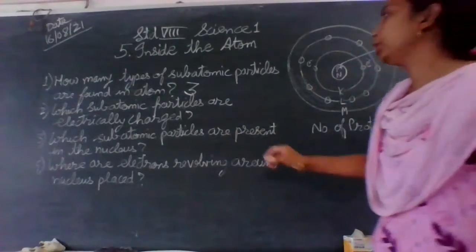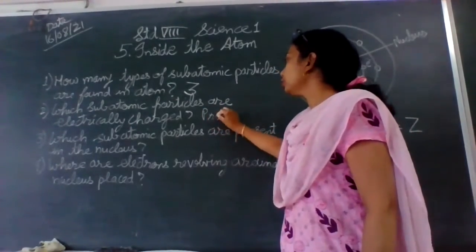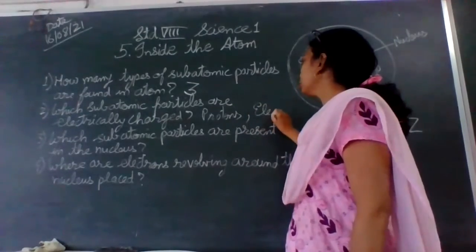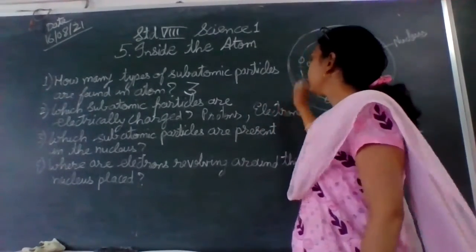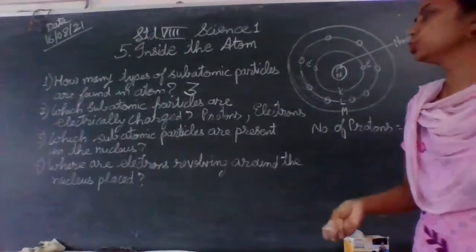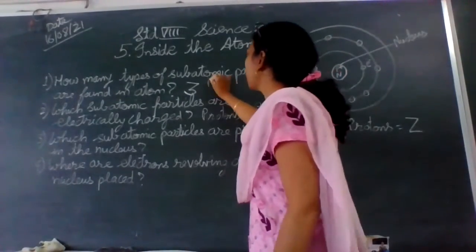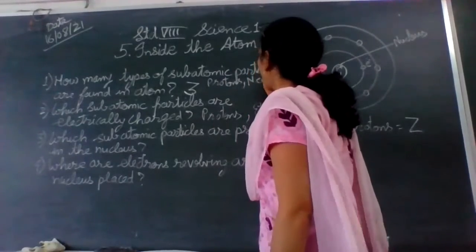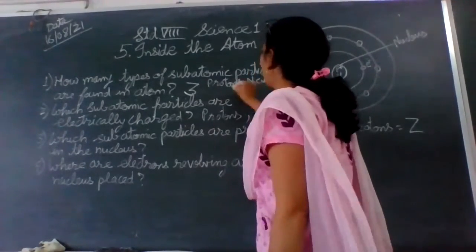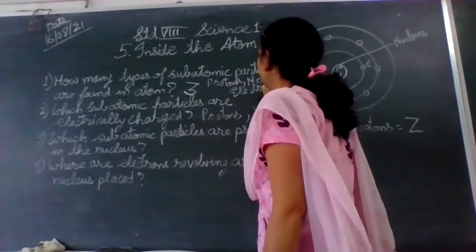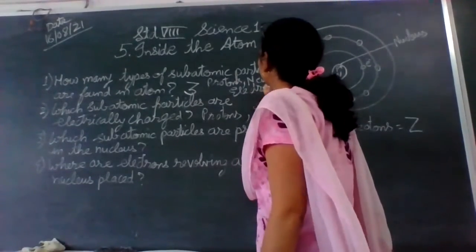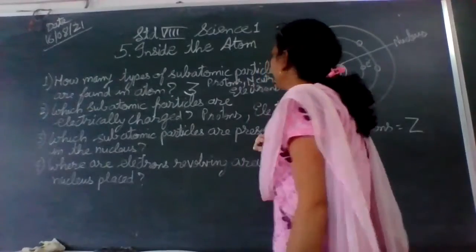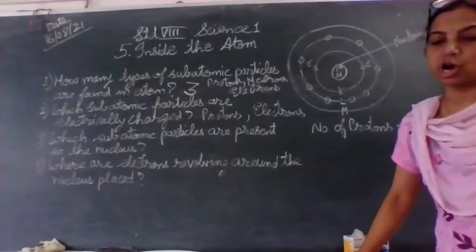Out of these three, protons are positively charged and electrons are negatively charged, while neutrons do not have any charge. So only two of them have charges upon them.